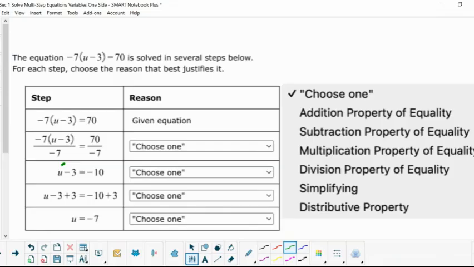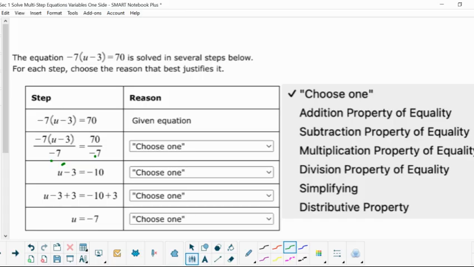Now for us, we would probably times that in, but what did they do with their negative 7? What does it look like they did with that negative 7? They divided. Does everybody see that, dividing by negative 7? Sometimes that's an option because it will divide nicely. We're trained to times it and keep doing that, but they divided.